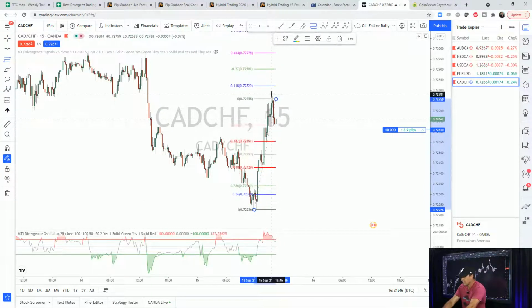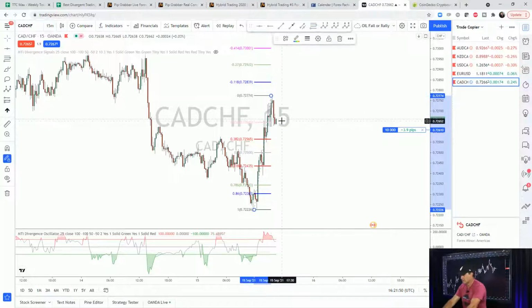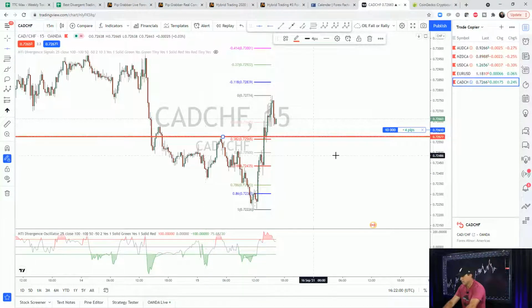All right, and so the buy is good, but now there is a correction due. The market can go back to retest this previous high right here. So if we mark off that high right here, that price is around about 72.57. So we could see price move.